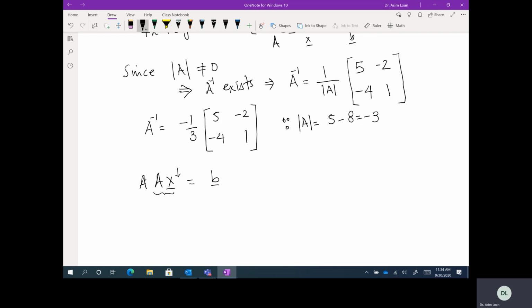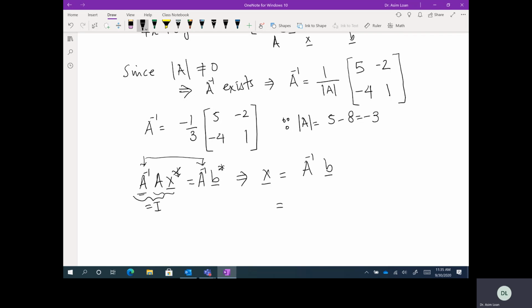So I'll put A inverse on the left of A, and I'll put A inverse on the left of B. I know this is going to be the identity. After the lecture, you can always check whether A inverse times A is the identity or not. So this means X is simply A inverse B.